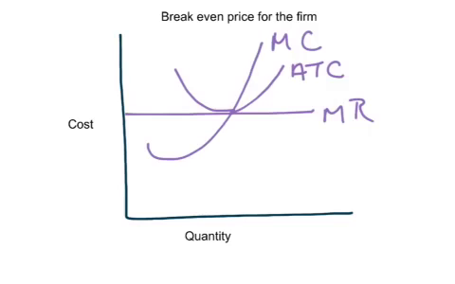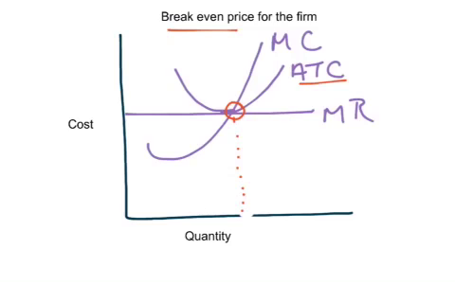So when the marginal revenue curve is crossing the marginal cost curve at the low point of the ATC, right here, that is the profit maximization quantity for the firm, but it's also taking place at the low point of the ATC, and that is known as the break-even price for the firm.